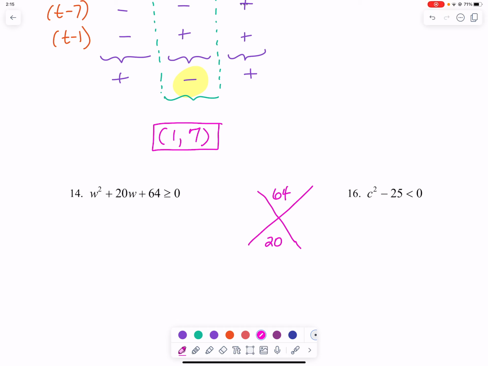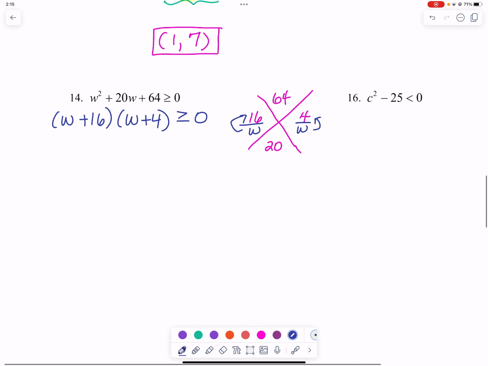And you can take some time and think about that, but it would be a 16 and a 4. So we will have w + 16 and w + 4 is greater than or equal to 0.